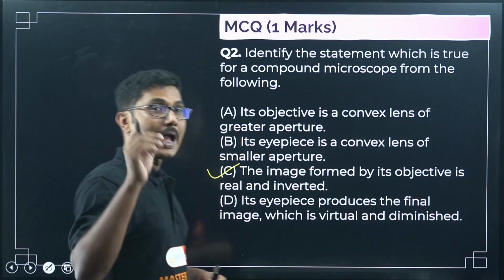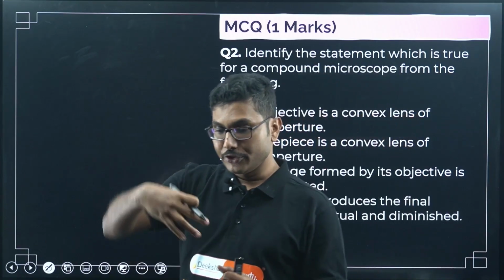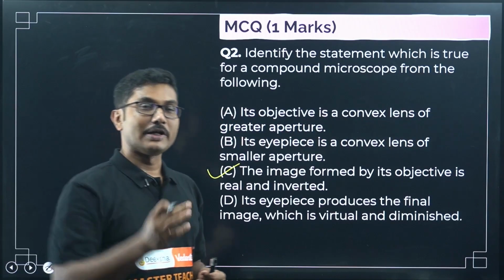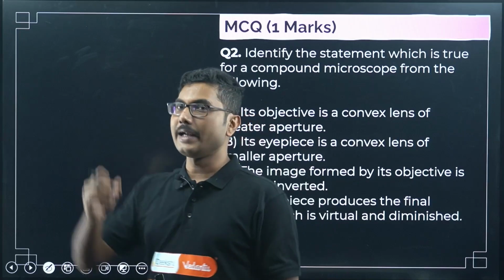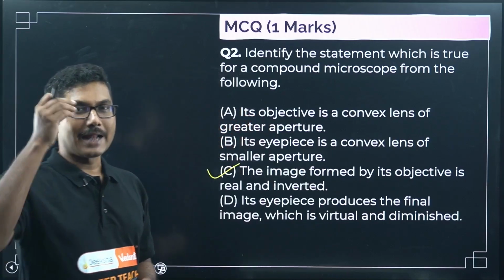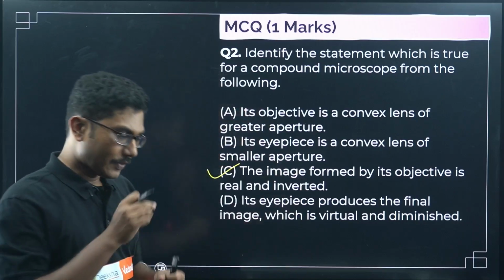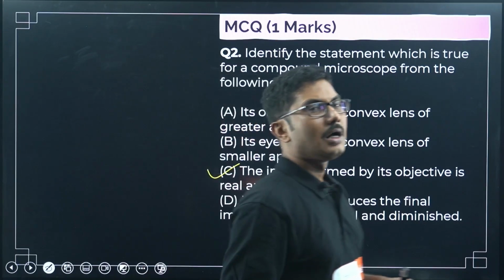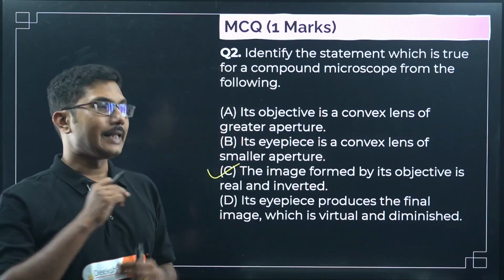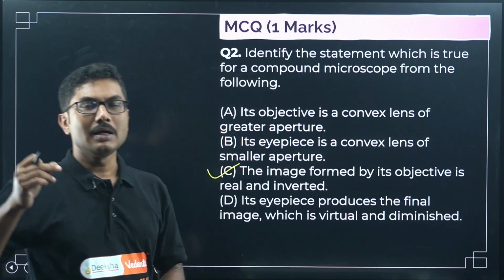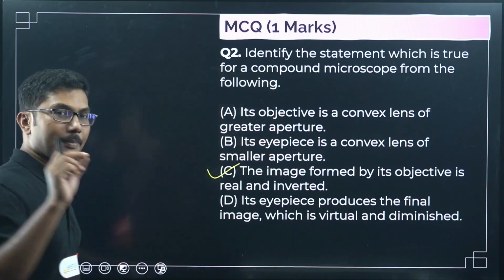In that microscope there was a small objective lens which you used to rotate for different magnification, 40x, 100x, 20x, etc. That was your objective lens, and there was an eyepiece which is fixed, right? The first image which is formed by the objective lens is inverted, but then again it is re-inverted by the eyepiece lens, so you see it upright. That is the reason you see an upright image.